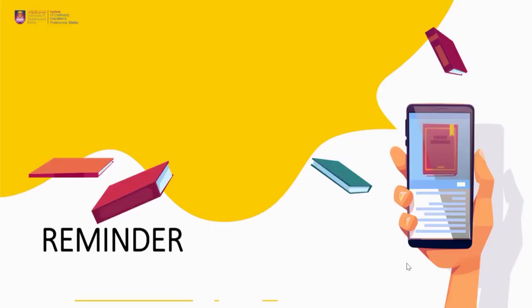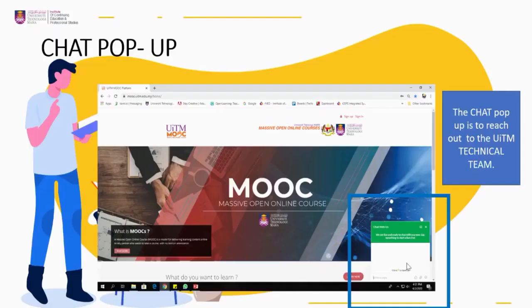So next will be the third and final part of the presentation, which is the reminder part. Now for this one, first I want to focus on the chat pop-up. This is how you can reach the UiTM technical team if you have any problems related to UFUTURE.